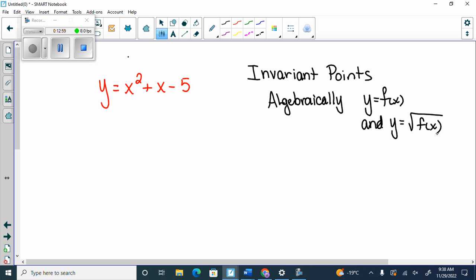Where do the invariant points happen? Yeah. y equals 0, y equals 1. When y equals 0 and when y equals 1.